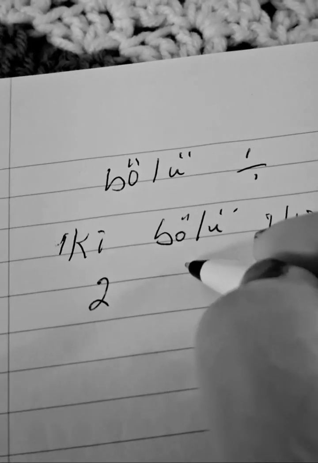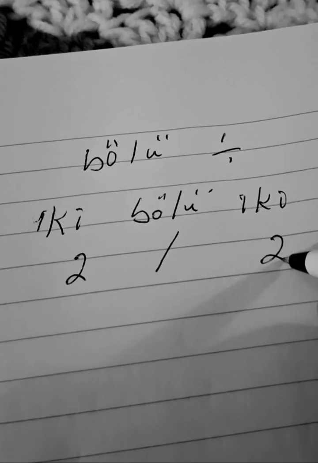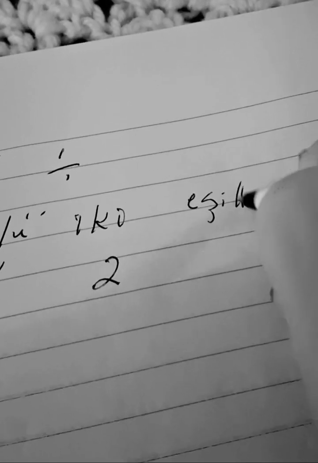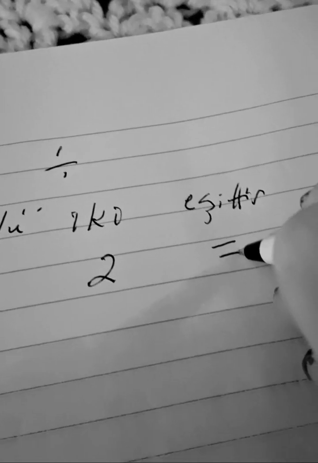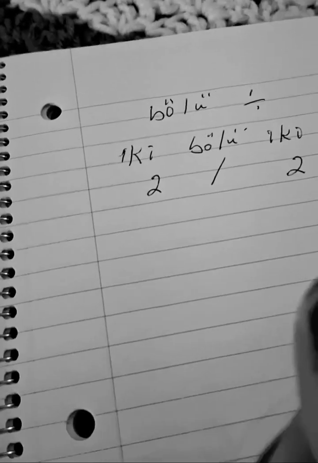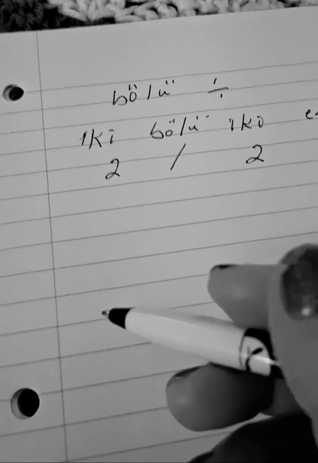So 2 divided by 2 eşittir 1. İki böl iki eşittir bir. 2 divided by 2 is 1.